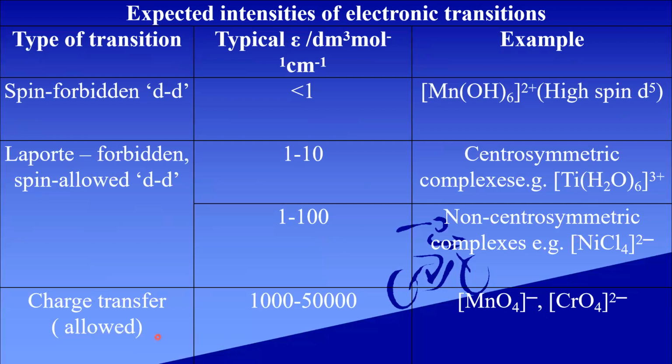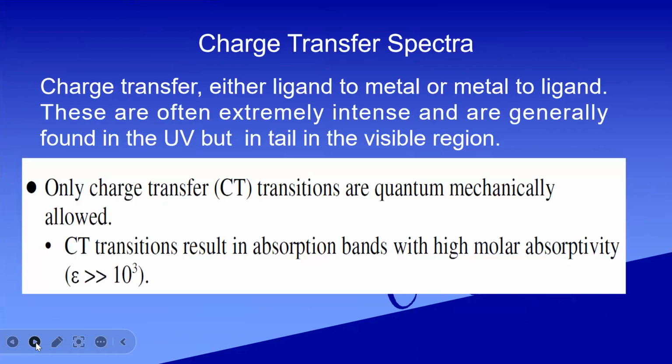octahedral forms. The third one is charge transfer spectra. In this case, Laporte and spin allowed transitions have the maximum epsilon value, that is 100 to 50,000. Examples are MnO4 minus, CrO4 2 minus. The charge transfer takes place either ligand to metal or metal to ligand.